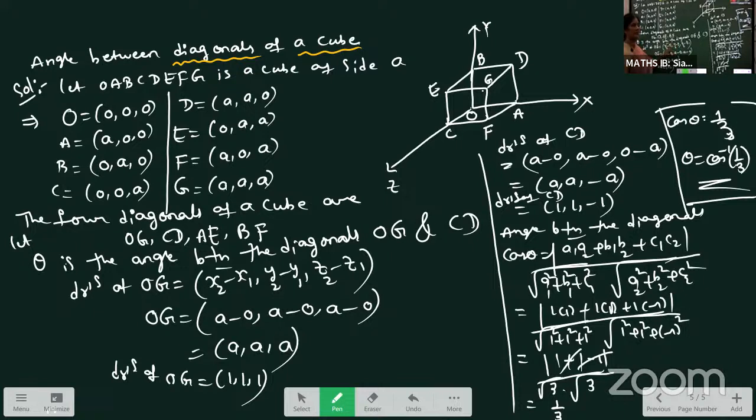In that, select any 2, taking theta as the angle between them. After that, find out the direction ratios of the 2 diagonals we have taken. Then apply the formula for the angle between 2 diagonals, cos theta. By substituting, we will get cos theta value as 1 by 3. So it is nothing but theta is equal to cos inverse 1 by 3.